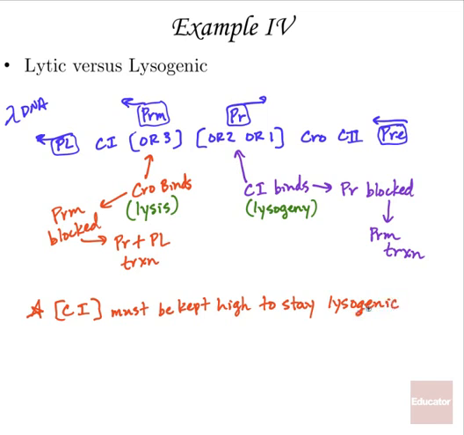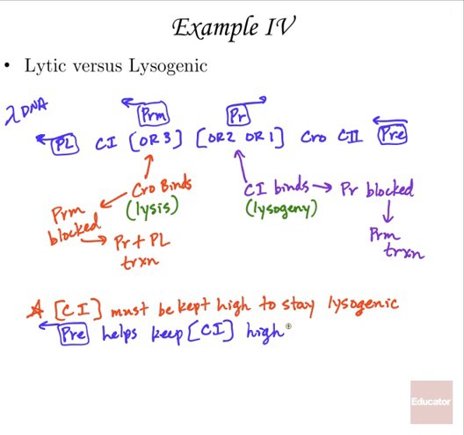And how it does that is we have the PRE promoter helping out in this. It helps keep C1 concentration high.